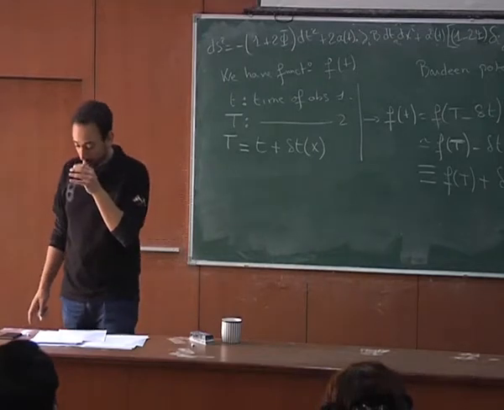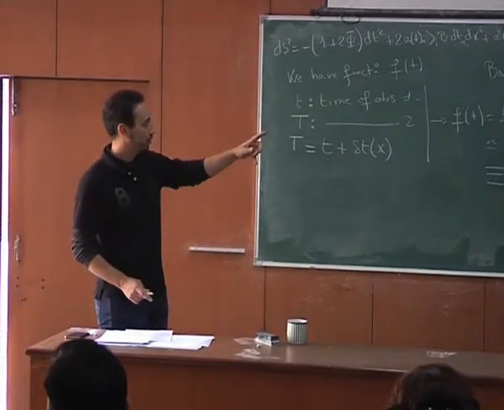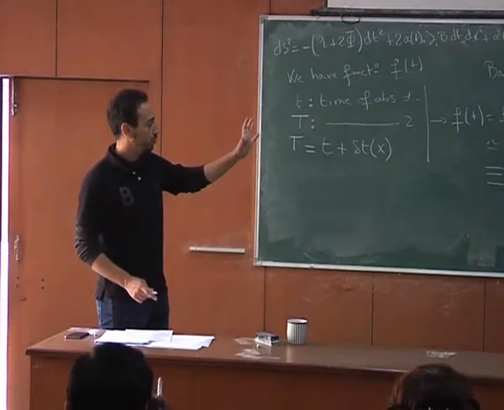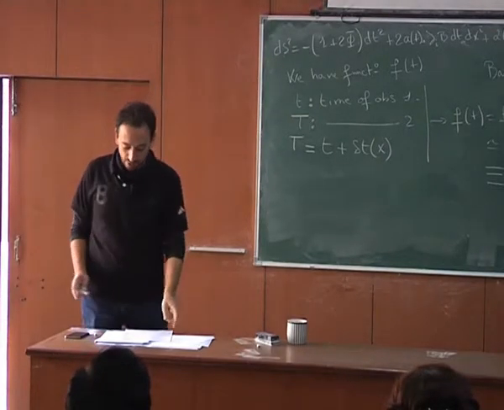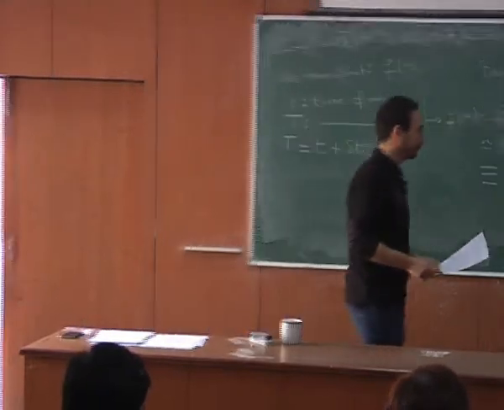But at the same time, because I'm interested only in scalar perturbations, I'm just going to look at transformations of coordinates which are scalars, because the coordinates can also be shifted by a vector.